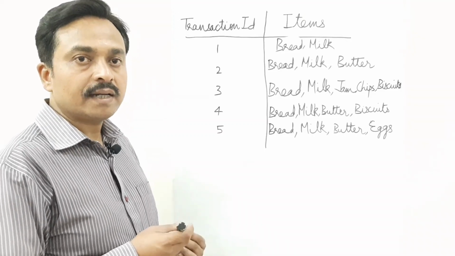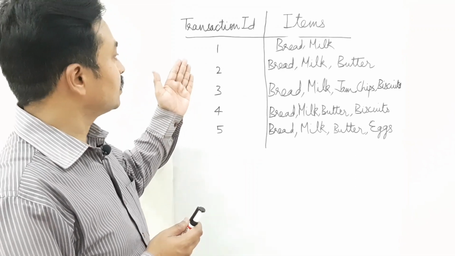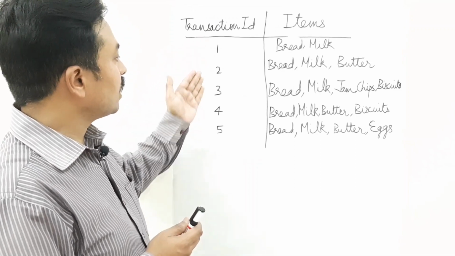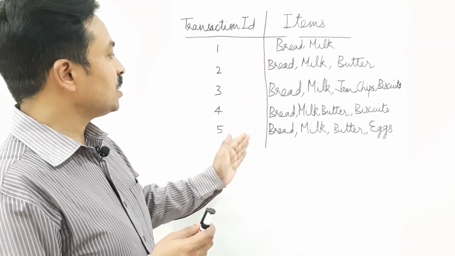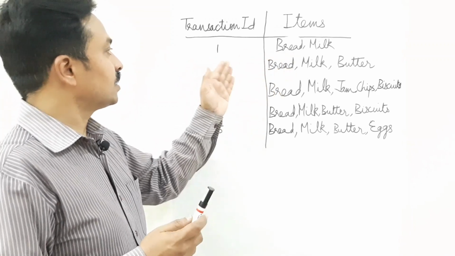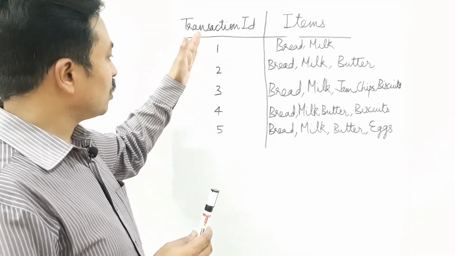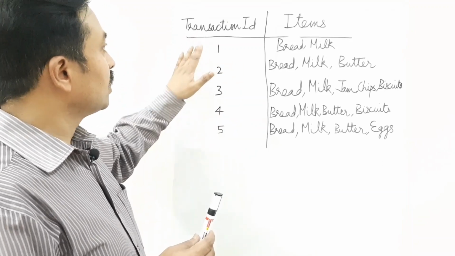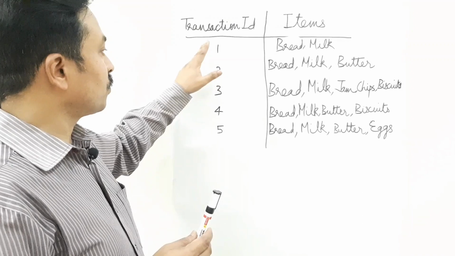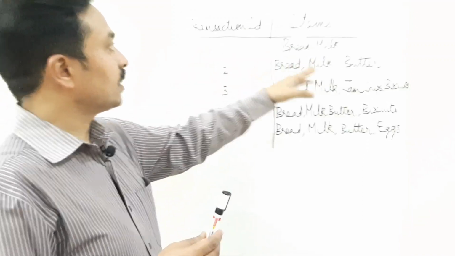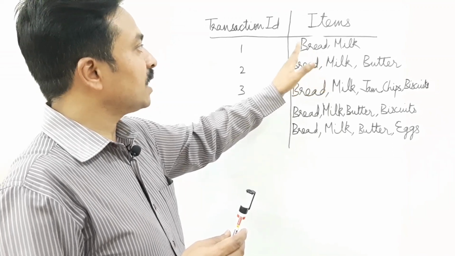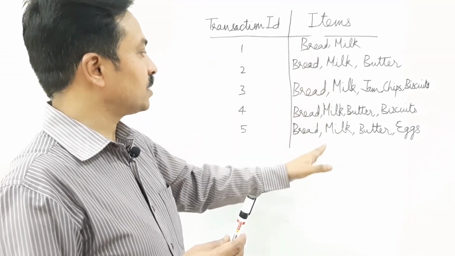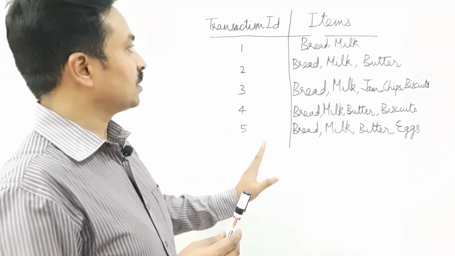For example, let us consider this. Here are 5 different transactions with different purchases in each transaction. Let us consider transaction number 1. On the left hand side are the transaction IDs from 1 to 5, while on the right hand side are the different items purchased in these transactions.